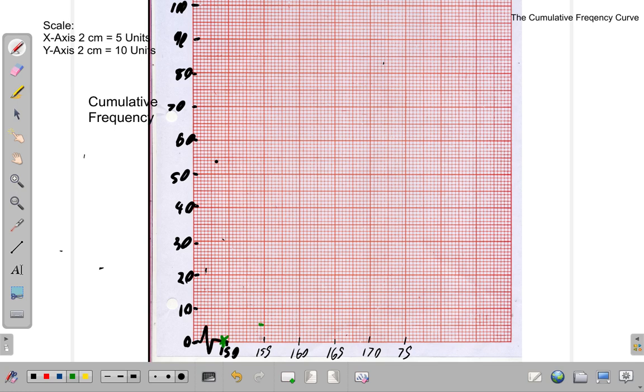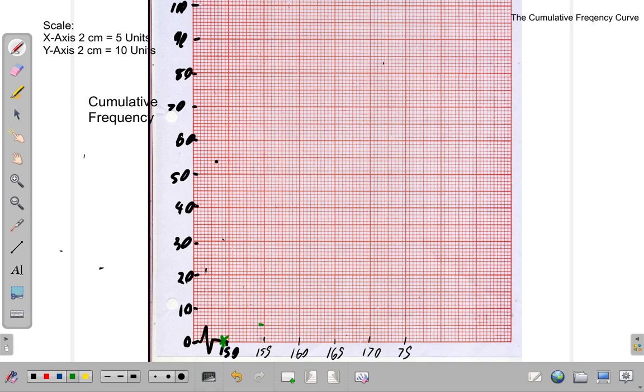We're not going to worry too much about these little squares at this point. We will zoom in and show them later on. But if you have your real graph paper, you can look at that graph paper and you will see 1 centimeter will represent 5. I didn't write it, but it represents 5. 2 centimeters represents 10.